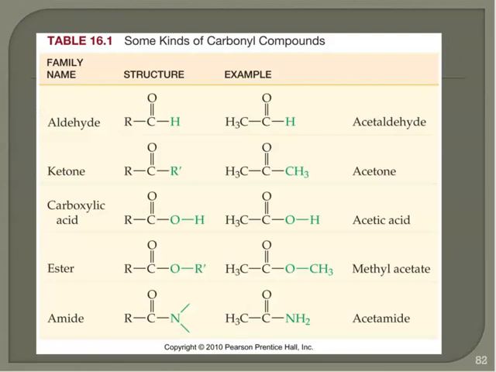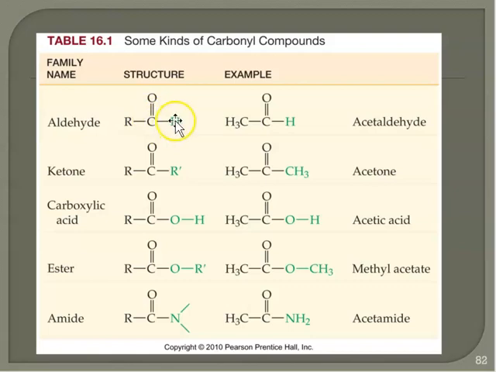There are a number of different functional groups that have the carbonyl group, and those include aldehydes and ketones, carboxylic acids, esters, and amides as well. You can see the difference between these: the aldehydes, instead of being attached to another R group or another part of a chain, have this carbonyl group at the end of the chain, and it has a hydrogen attached.